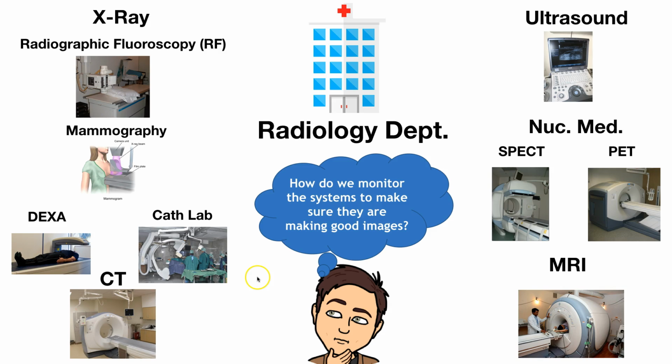We also talked about resolution, and we talked about uniformity and accuracy of images. So this gives a good overview of the types of metrics that can be used to quantify the images rather than just asking the radiologist, do the images still look as good as they looked last week? We'd like to have some basic metrics that we can quantify and track how well the systems are doing over time.